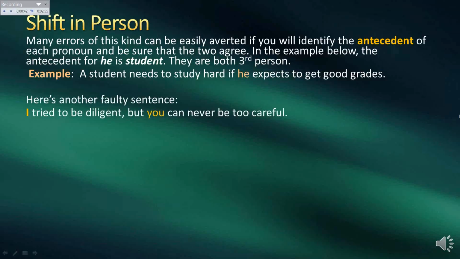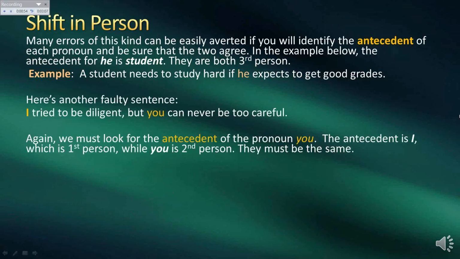Here's another faulty sentence. I tried to be diligent, but you can never be too careful. Now here we have I is first person and you is second person. Again, we need to look for the antecedent of the pronoun you. And when you do that, you'll see that the word that you is replacing or referring to is I, which is the antecedent.